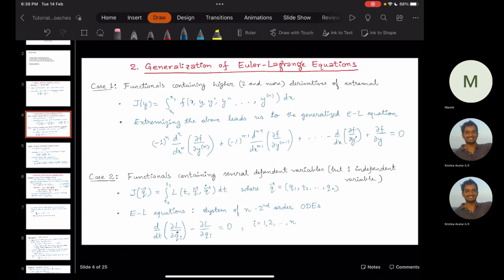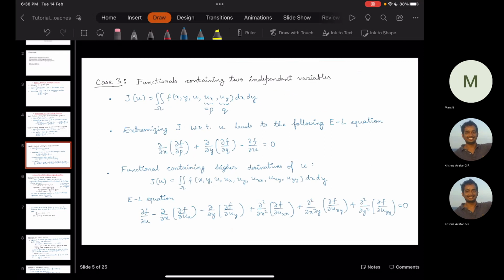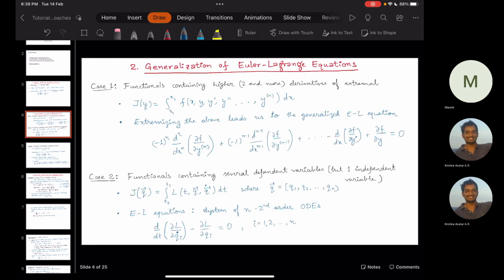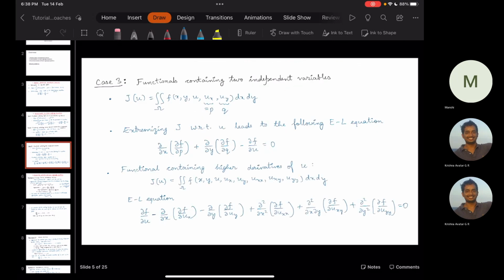Then we studied generalization of Euler-Lagrange equations for 3 different cases. Case 1 was functions containing second and higher derivatives of the extremal. Case 2 is functions containing several dependent variables but one independent variable. And case 3 is functions containing 2 independent variables.